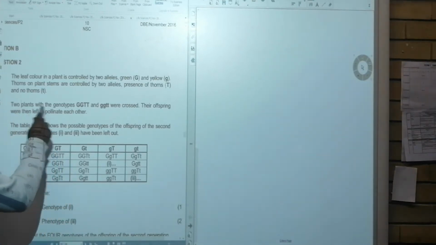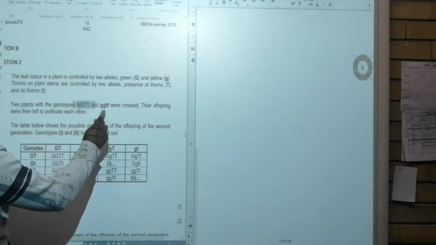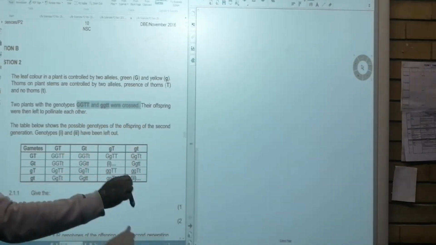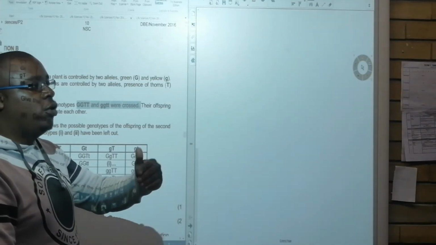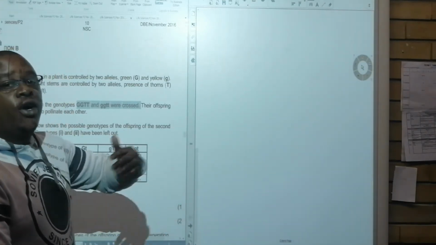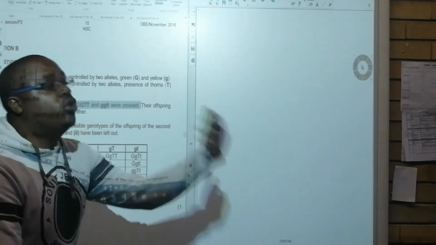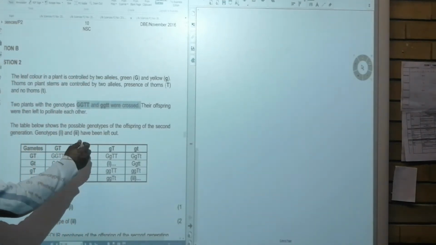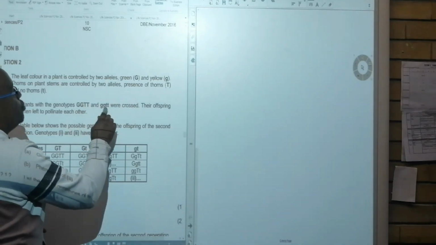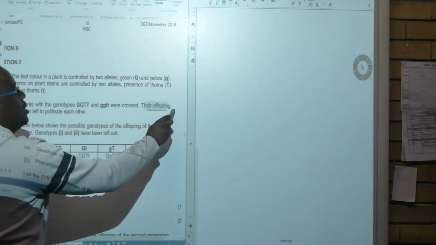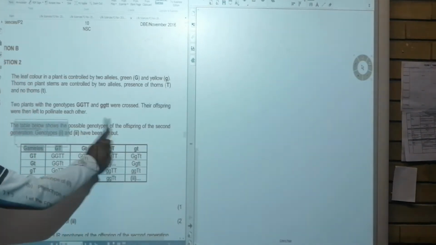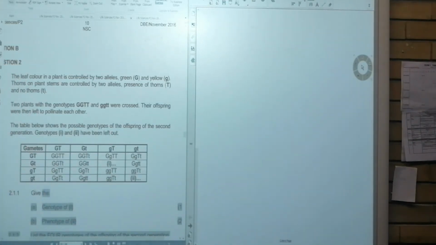You started with two plants with this genotype being crossed together. So they were crossed, they had offspring. And then the offspring were crossed again, and they gave us this. It's like saying, I crossed with someone, and then I had kids. And then the kids grew up and had their own kids.